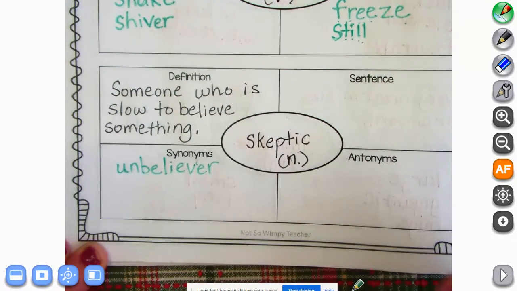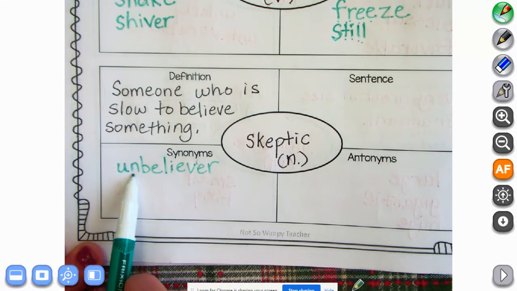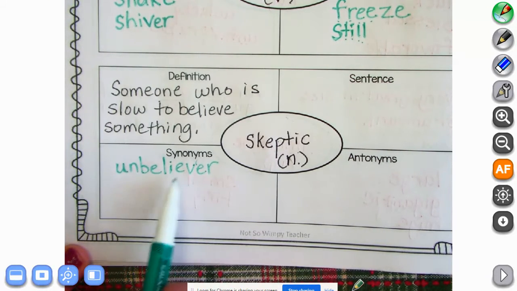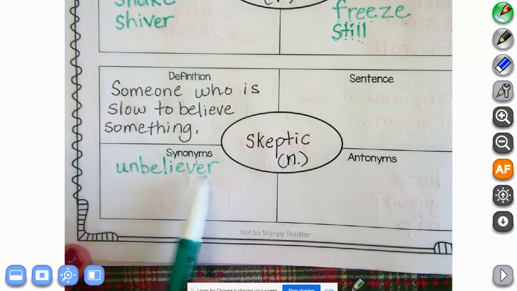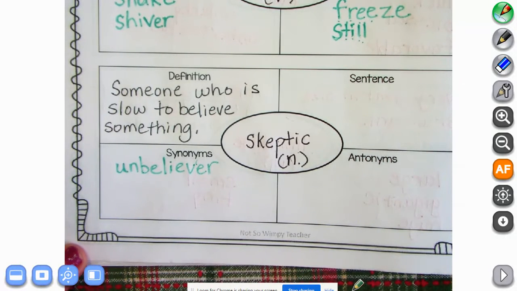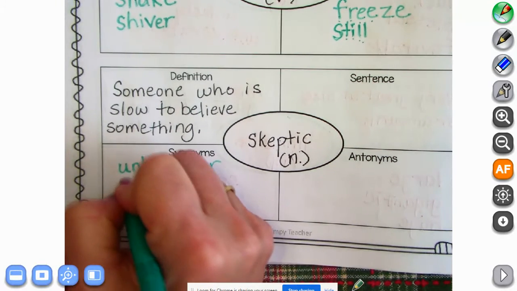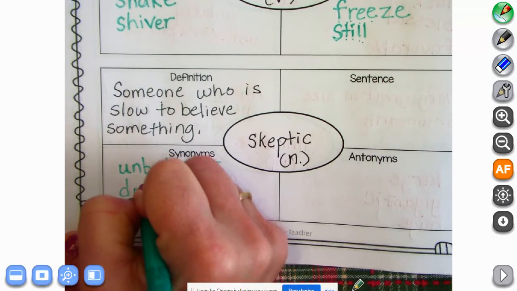U-N-B-E-L-I-E-V-E-R. Unbeliever. U-N, which means not. B-E-L-I-E-V-E-R. Unbeliever. Another one could be a doubter. You're a doubt. You have doubt, so you're a doubter.